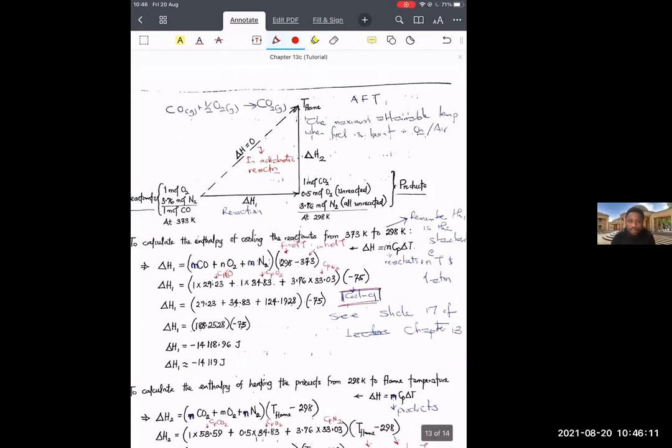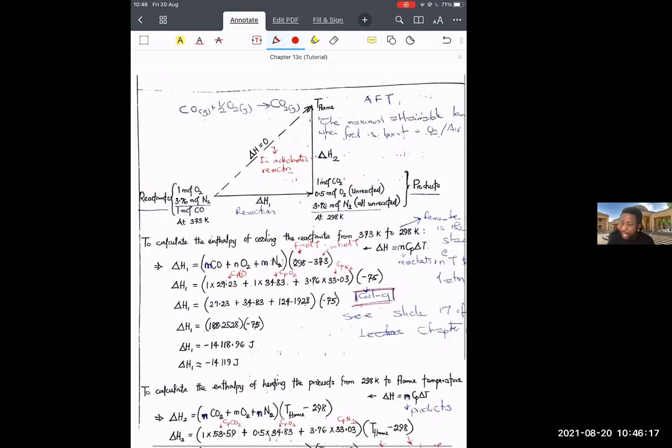So let's move on. Typically you want to draw a diagram like this. Take note of this diagram. It helps us to visualize what is happening. And please take note of this carefully. The reason why I'm saying this, it is essential. Let me open the question again.